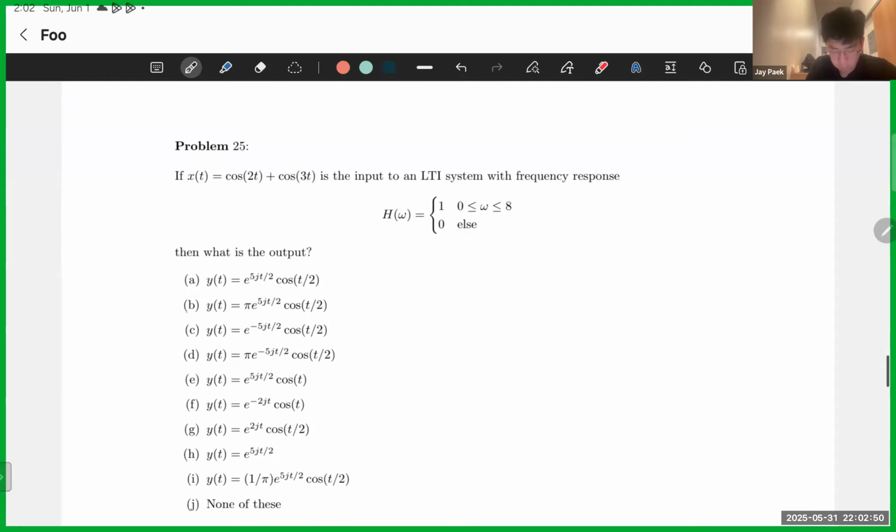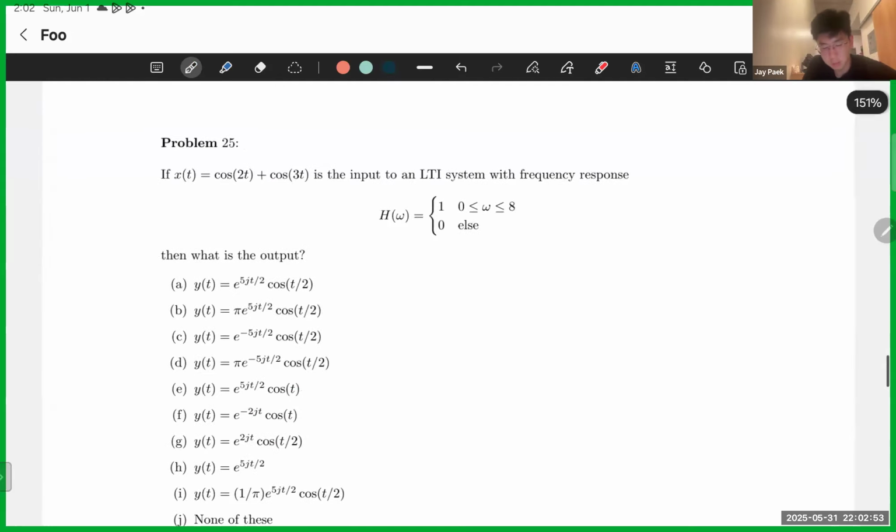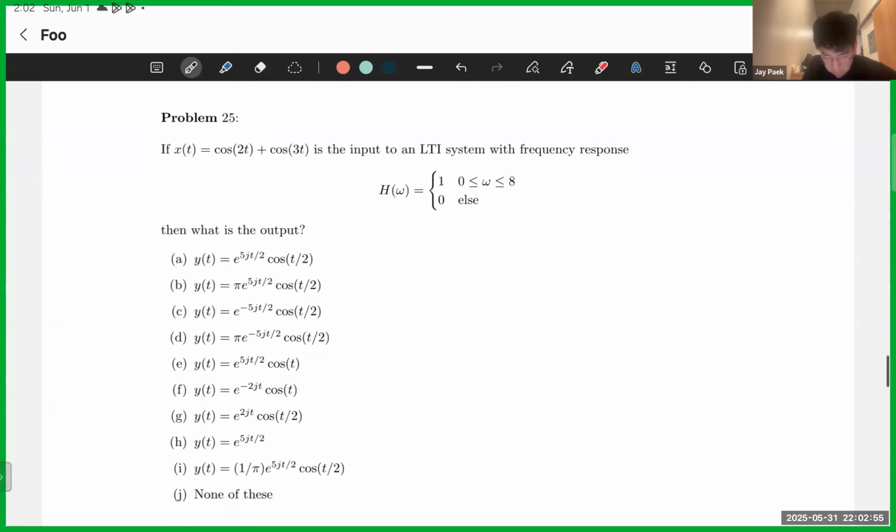So yeah. If x of t is cosine of 2t plus cosine of 3t, is the input to an LTI system with frequency response as follows, then what is the output? And so this is very convenient.